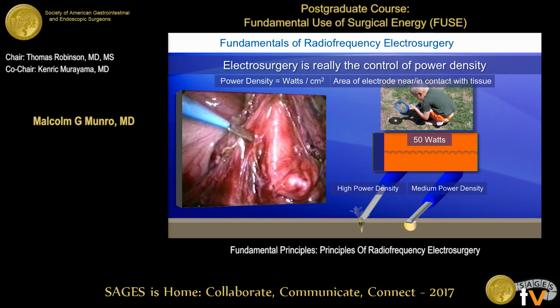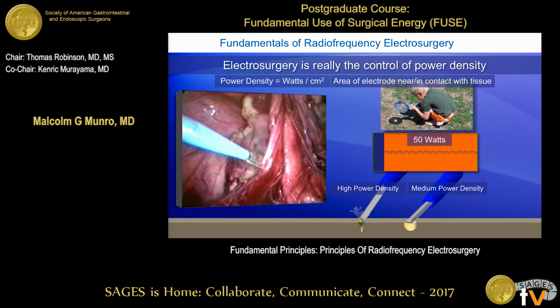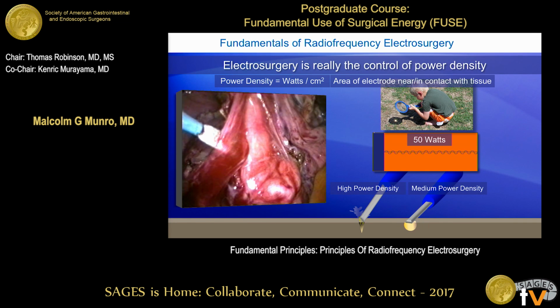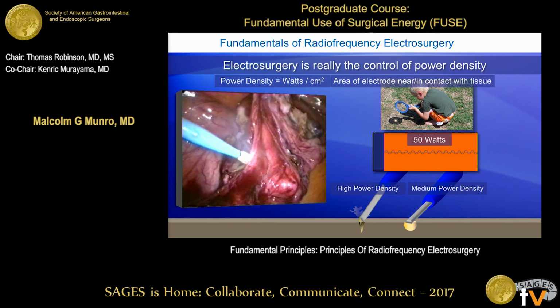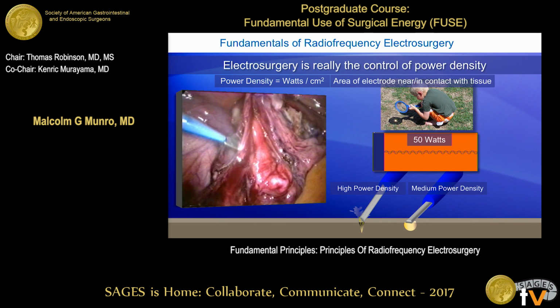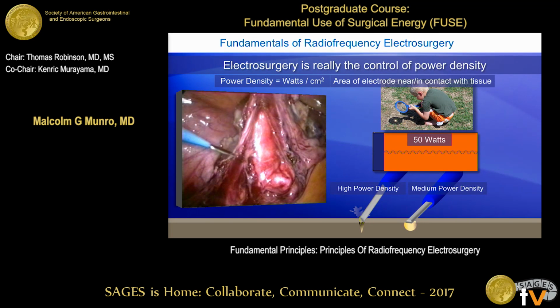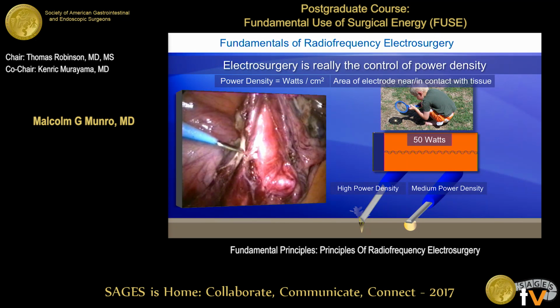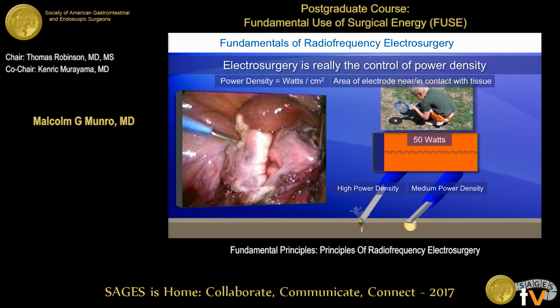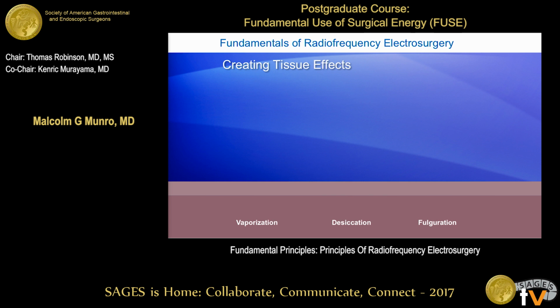And this is set at 50 watts. And so if we turn it on its edge, we vaporize or cut. When we set it on its side, we activate, and we just get desiccation. And then we can take that same instrument and go back and cut. We haven't changed the output at all. We haven't changed the pedal we're depressing. We haven't changed the button we're pushing.